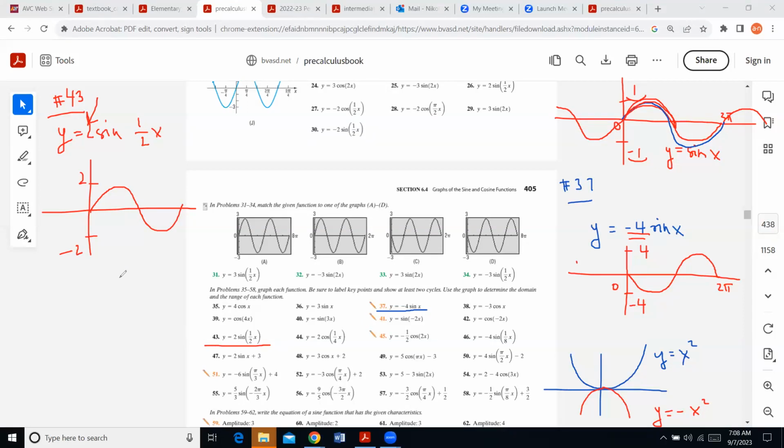Now, here's one extra thing to watch out for. Take whatever the argument of function sine is, and that's 1/2 x, and put it in between 0 and 2 pi. That's a standard procedure, because when I originally graphed my function sine, I had to go from 0 to 2 pi to get that wave. So now I need to see what's happening with x, because it's 1/2 times x.